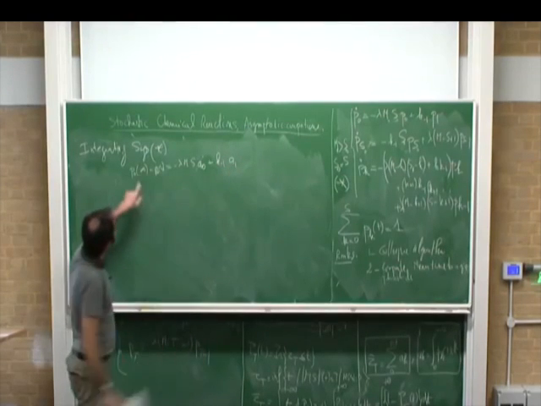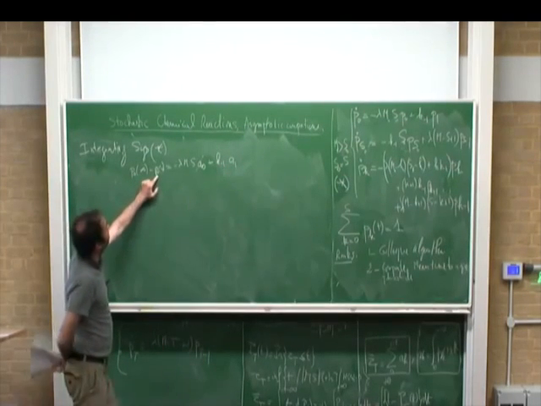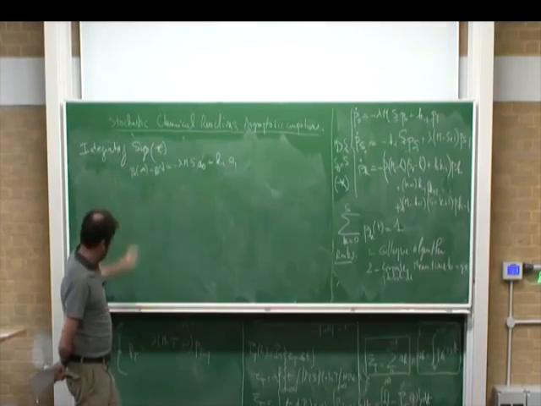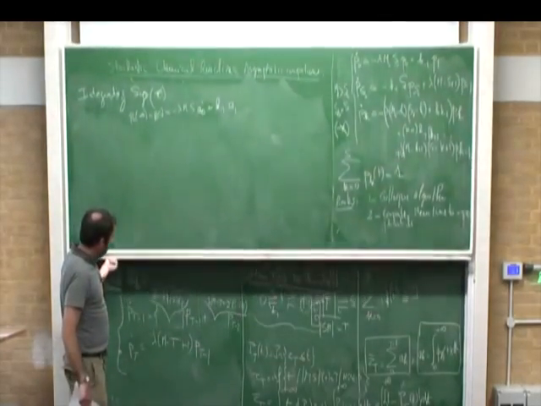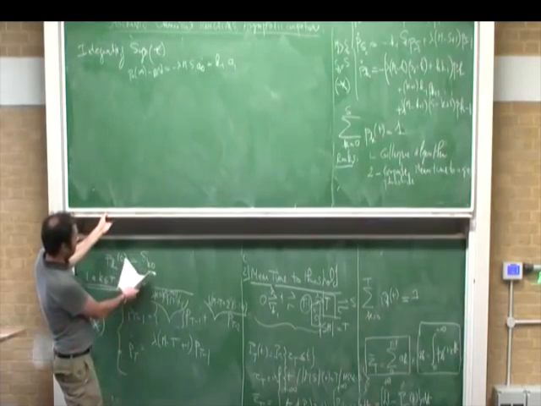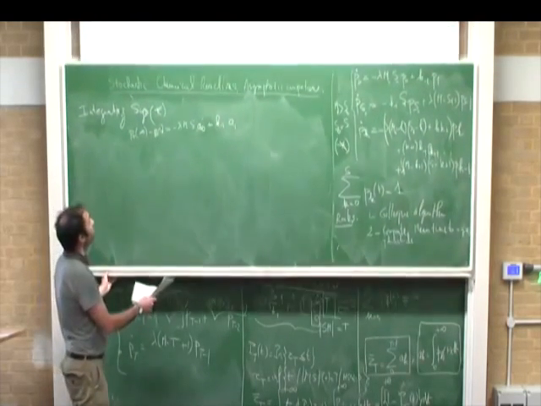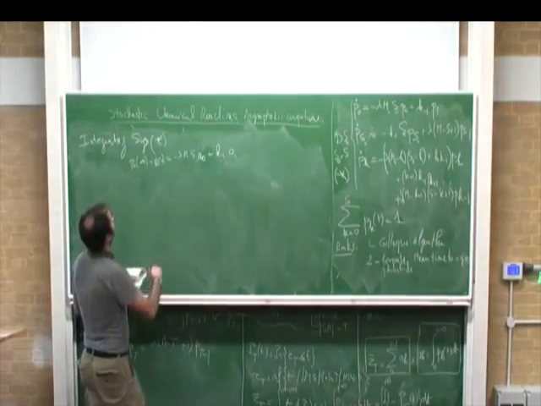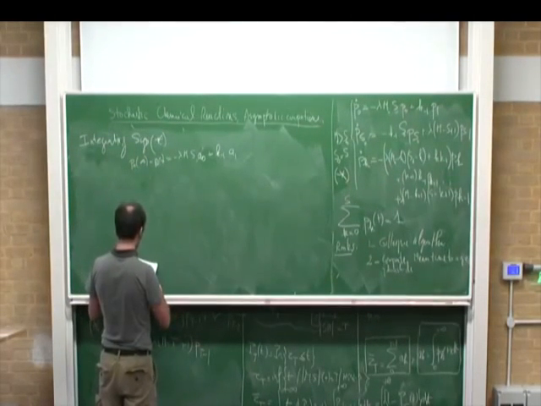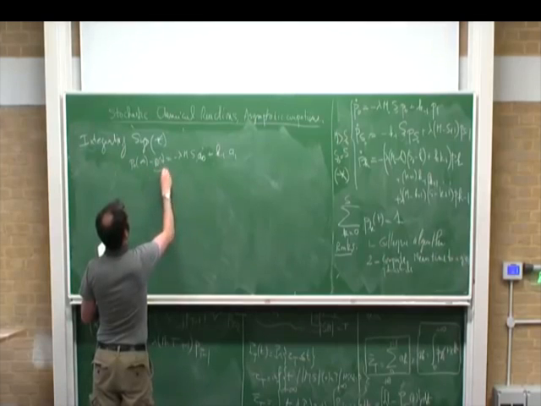Now what is p0 of 0? By definition, at time 0, we said that all the particles are not attached. So this is exactly 1 because they are all detached. So this is correct? Yeah. So this is exactly 1.